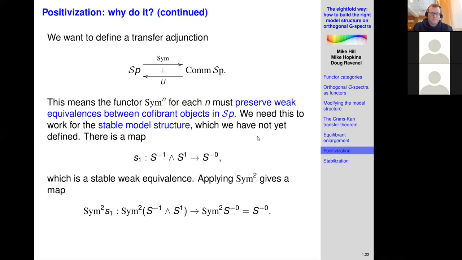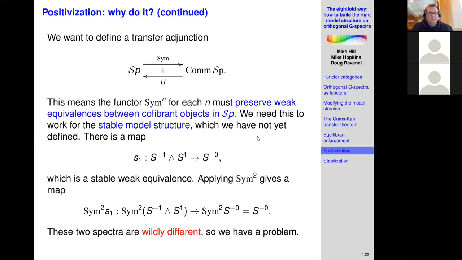Now, I want to apply the functor Sym2 to this. Sym2 of S-0 is the same thing as S-0, and that's a consequence of the fact that S-0 is the unit for the smash product. But it turns out that the gadget on the left, Sym2 of S-1 / S1, is wildly different. It has a description in terms of the classifying space for the symmetric group on 2 letters.